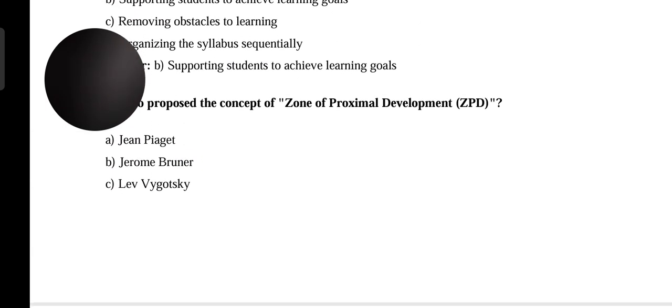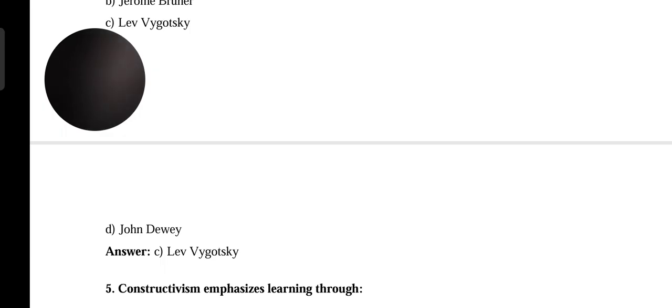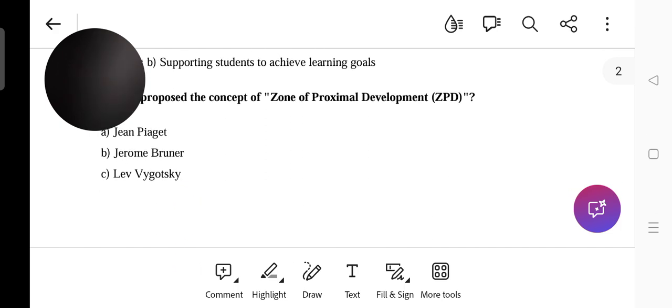So who will be the appropriate person who proposed the concept regarding the ZPD? The appropriate option will be Lev Vygotsky. Okay, Lev Vygotsky developed the concept of zone of proximal development.